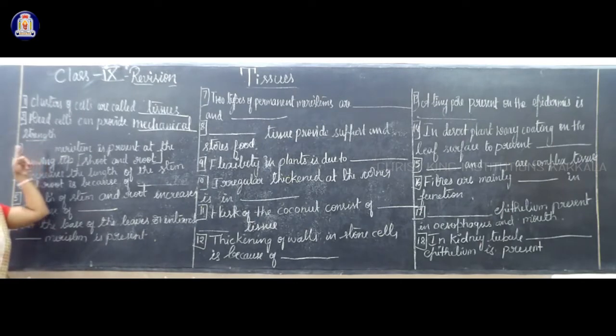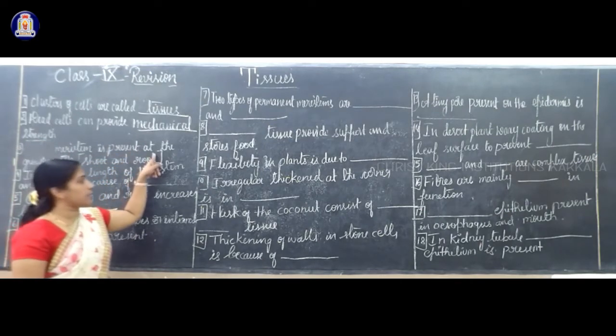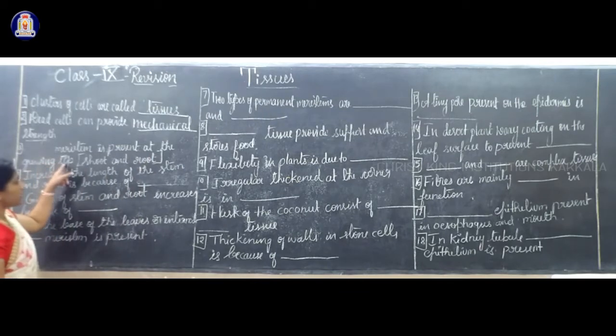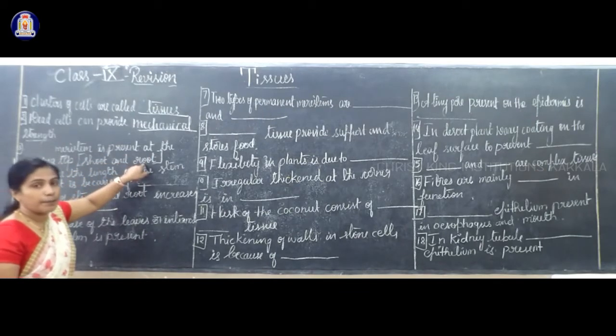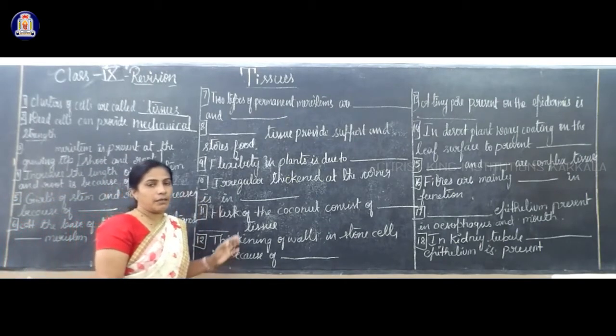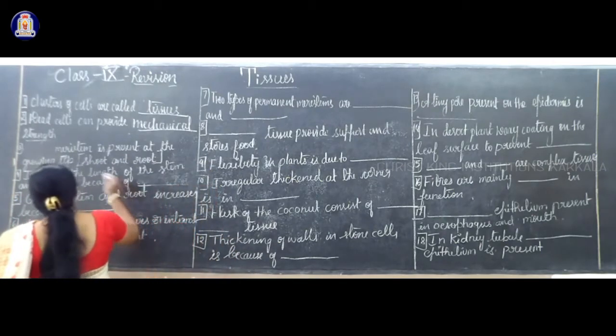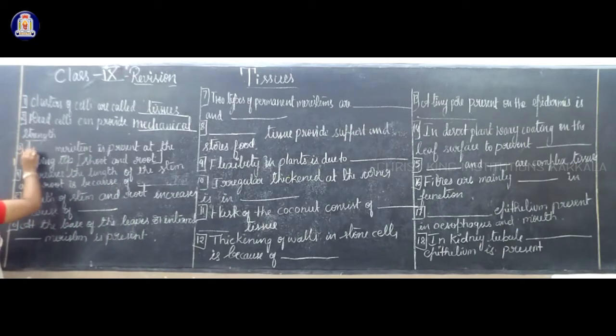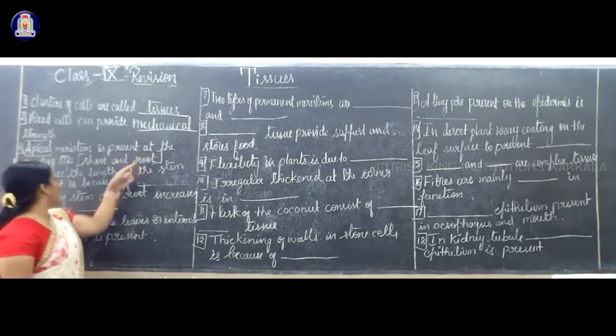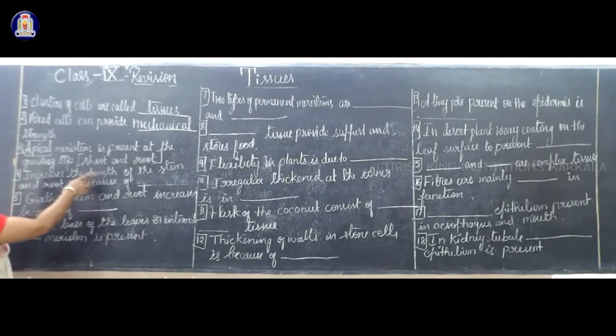Third one: dash meristem is present at the growing tip of shoot and root. At the tip of the plant, which meristem have we already studied? That is nothing but apical. Epi means upper. Apical meristem is present at the growing tip of shoot and root.